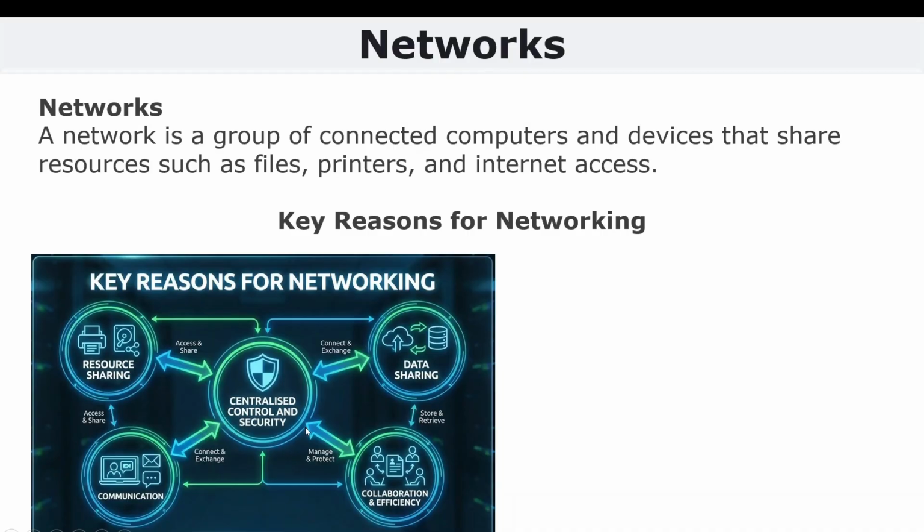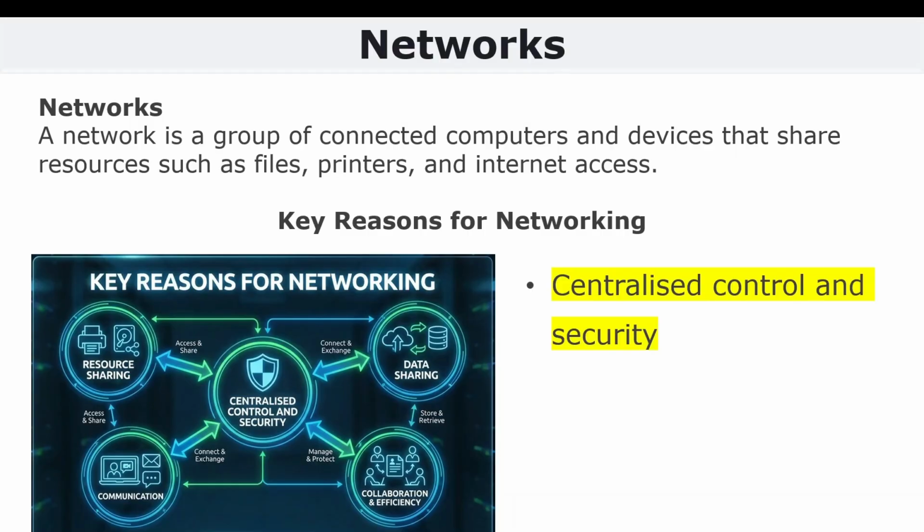When you have centralized control and security, the network administrator can manage the users on the network, manage files, software and security settings from a single location rather than on individual computers. So that is the first reason for having a network.